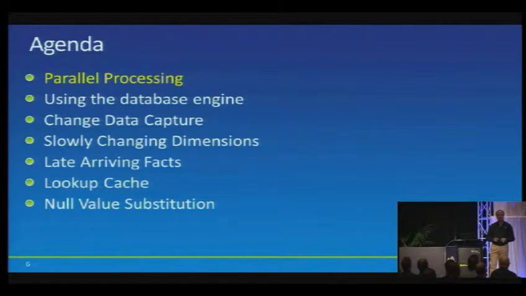That's where we can consume deltas easier. How to address slowly changing dimensions and late arriving facts. We have some strategies in SSIS to deal with them in an optimized way. And lookup cache and null value substitution, because that's another key element. How do you handle multiple nulls in big tables?